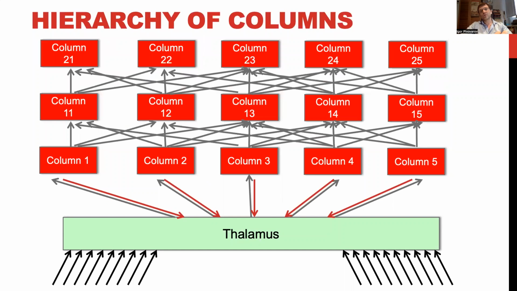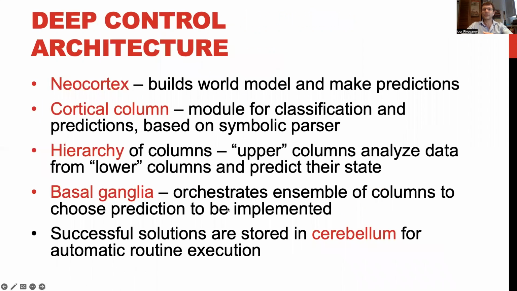The main idea of the deep control architecture is that columns grow in hierarchical levels. Upper columns look at the columns on the lower level and try to analyze and predict their state. This is the main idea.